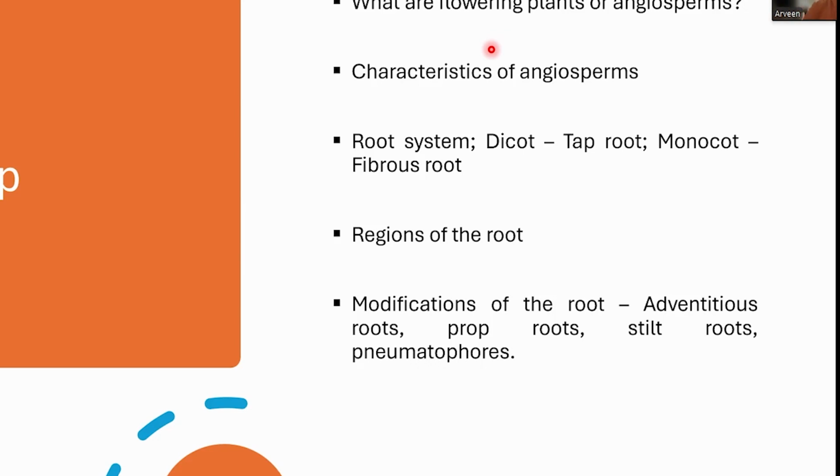Then we started with the discussion of the root system. We discussed that whatever part of the plant is growing below the soil and is arising from the radicle is known as the root system.